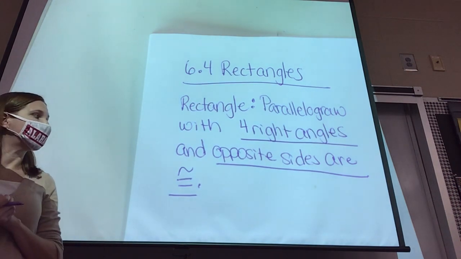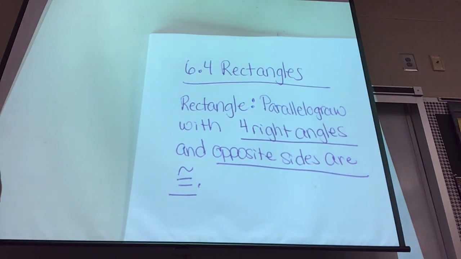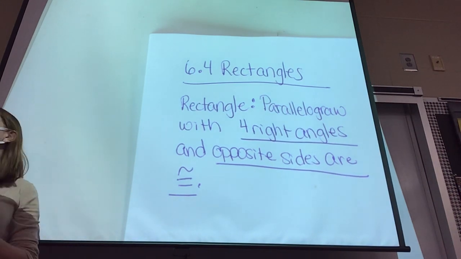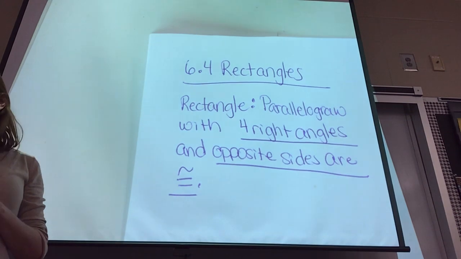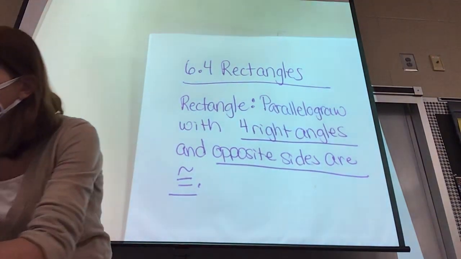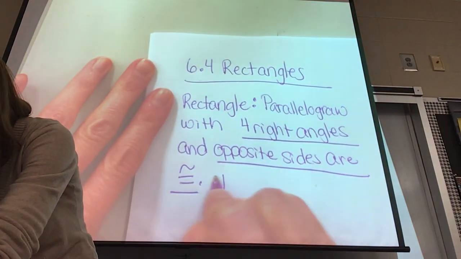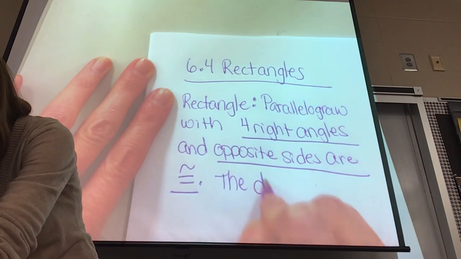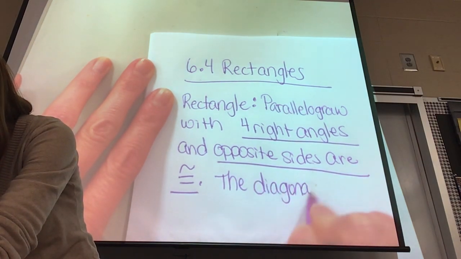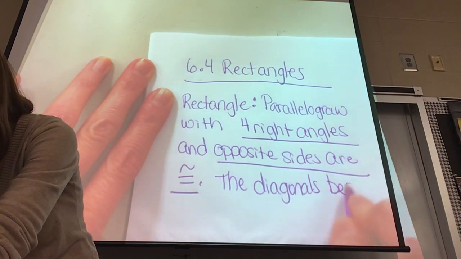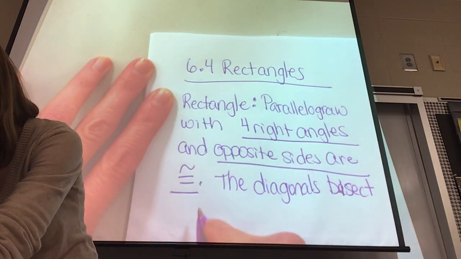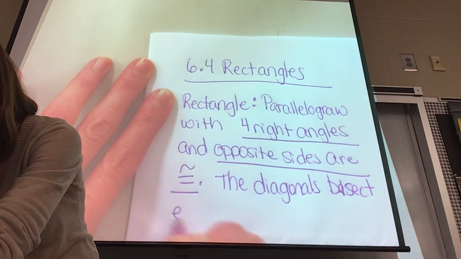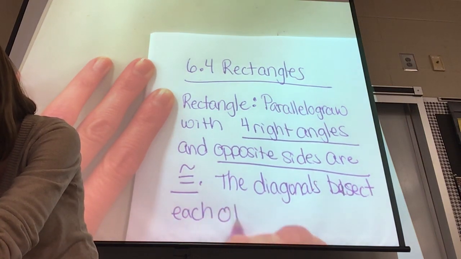Now, we also know that we have diagonals here just like we have diagonals in the parallelograms that we were working with last week. So let's talk a minute about diagonals. The diagonals bisect each other.